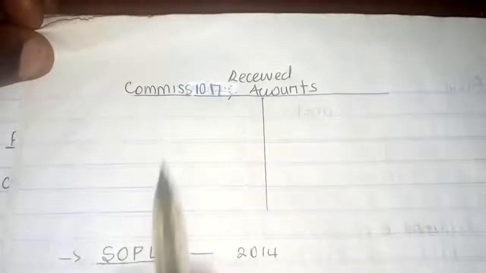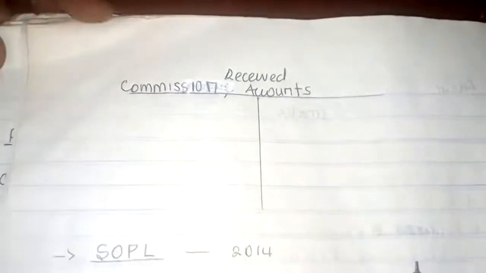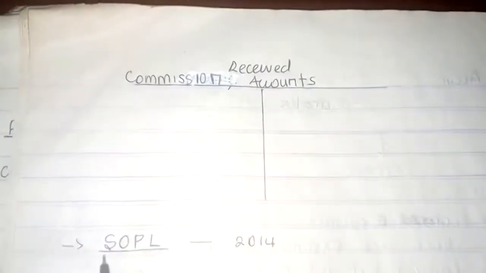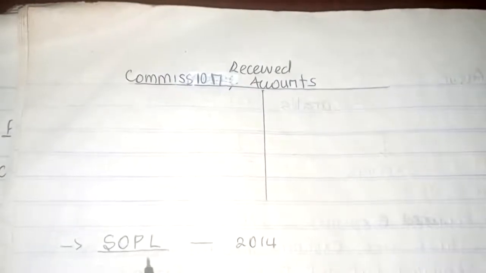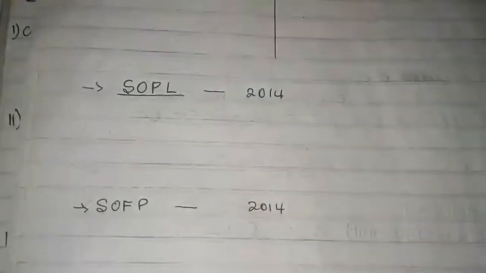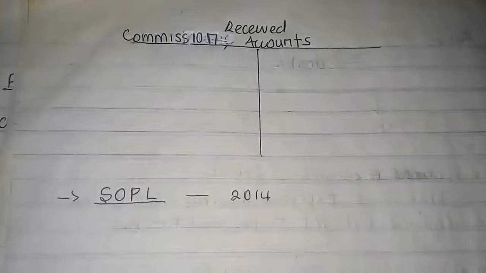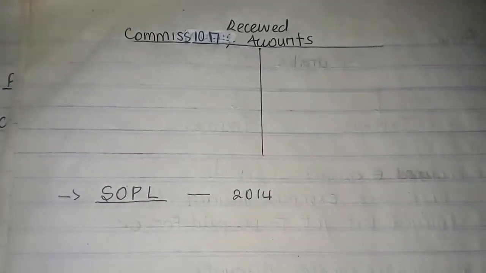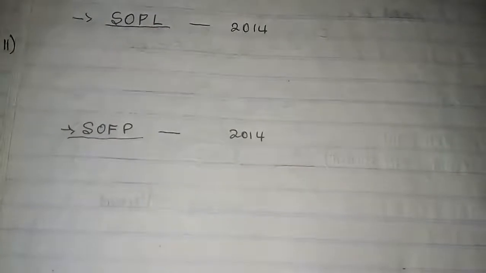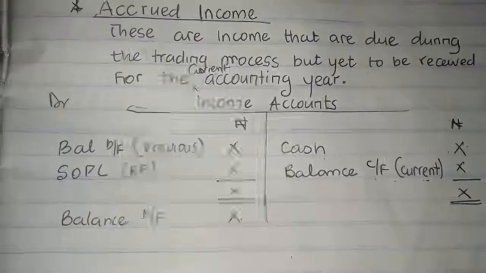So you write the commission received account. Then the statement of profit or loss, I've shortened it. Then we have the statement of financial position in a shortened form. It is an extract, just part of it. That's what we need.